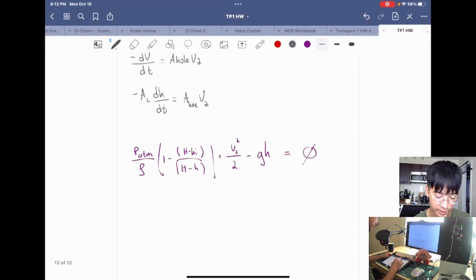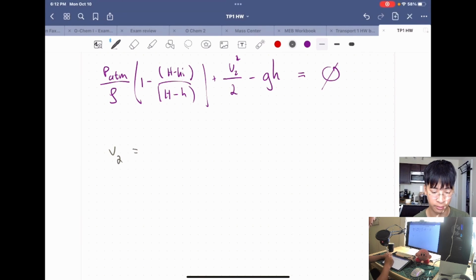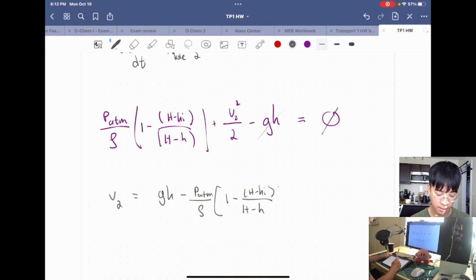So V2 is equal to the square root of positive gh minus PATM over rho multiplied by the quantity 1 minus (H minus HI) over (H minus h). Okay, so got that done.